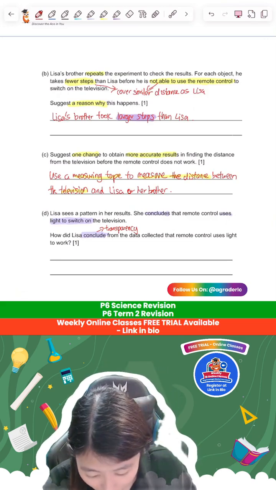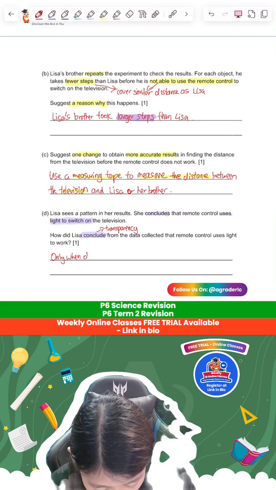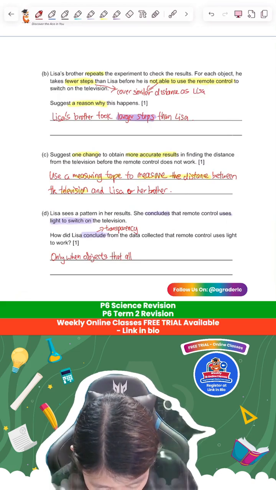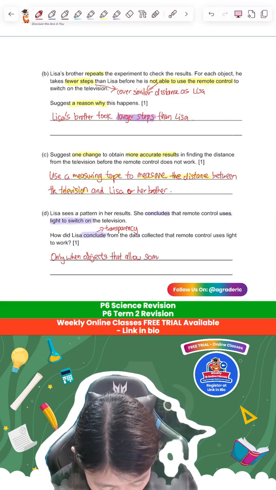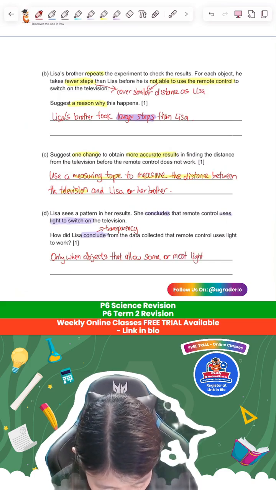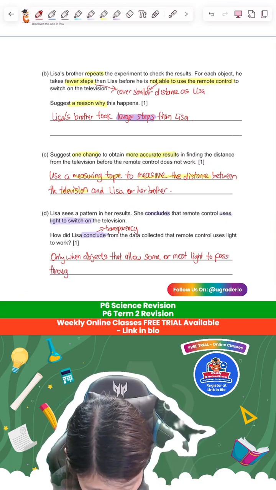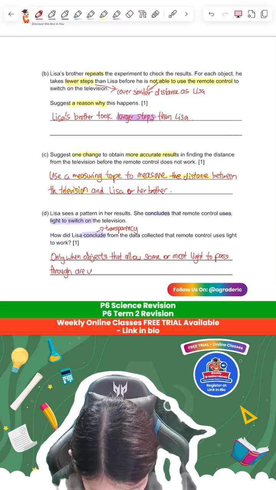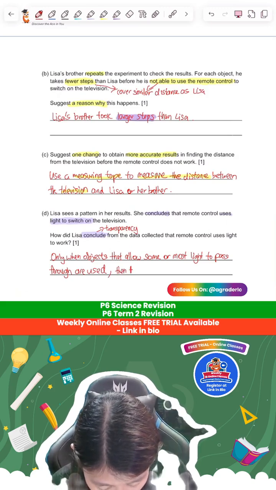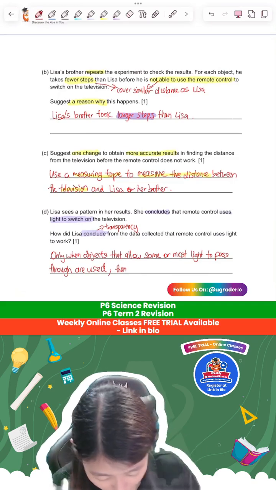You can just say only when objects that allow some or most light to pass through are used, then the remote control can work.